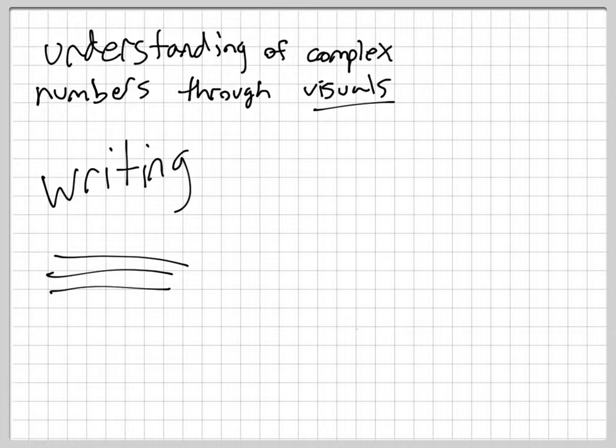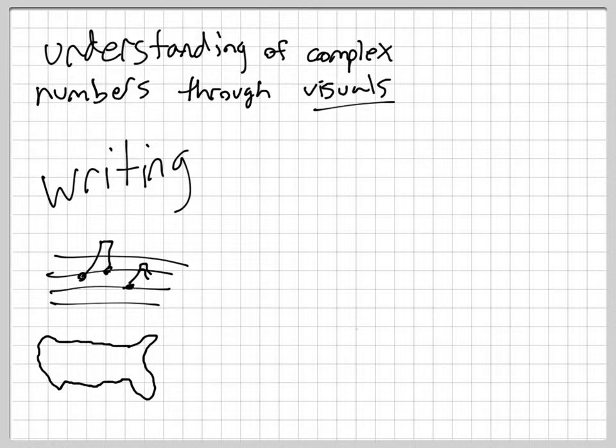Or in music, musicians use musical notation as a way to visualize sounds. Or in politics and geography and history, we can use maps as a way to visualize how human societies are organized. So we can do the same thing in mathematics.